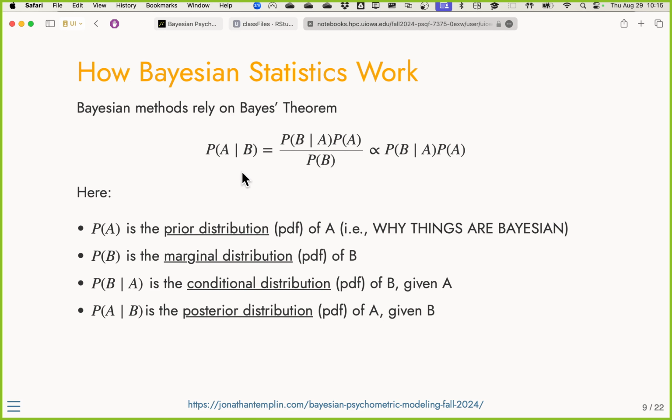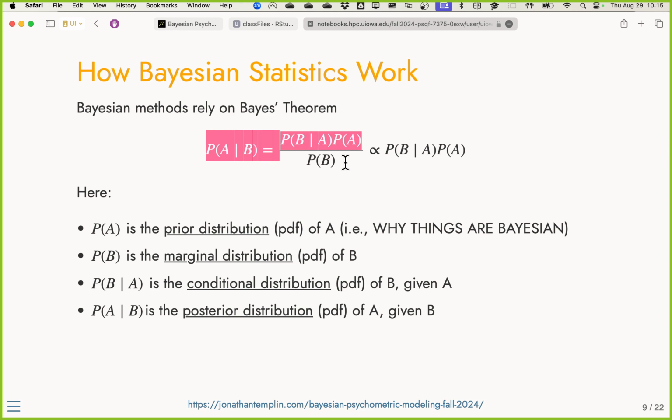All right. Let's go through this one by one. The term P of A, the probability of event A, is the prior distribution. So if we had a prior distribution of how many cookies had chocolate chips or M&Ms in them, that's it right there. That's our probability, our density.